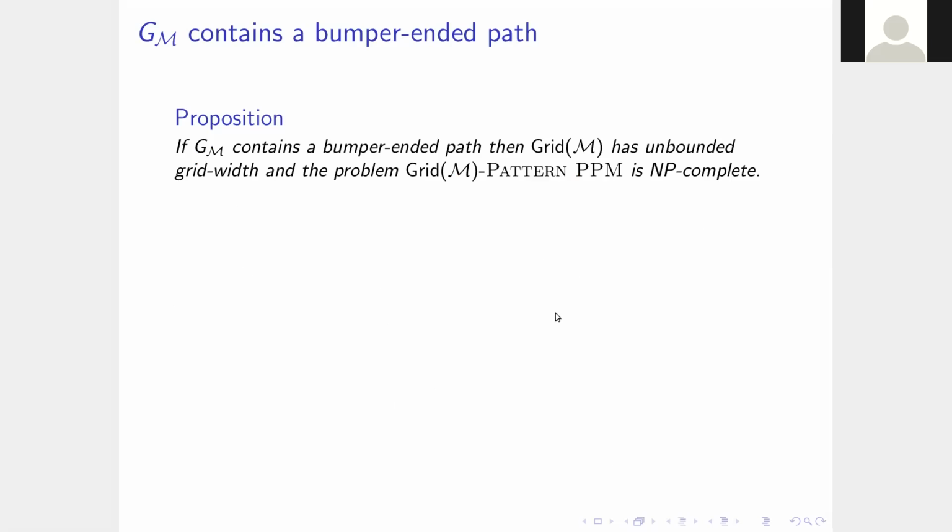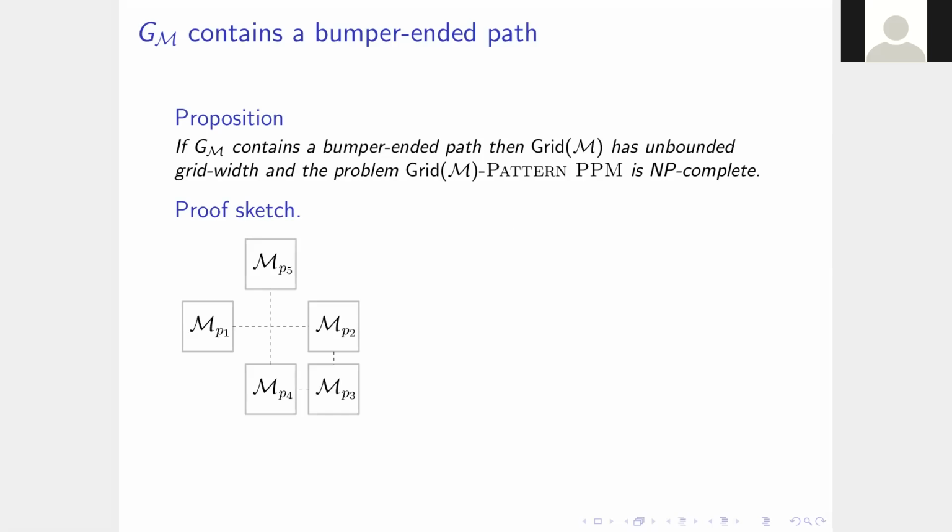And so why is it important? Well, it turns out that whenever the cell graph contains a bumper-ended path, then the grid class has unbounded grid width, and the problem grid M pattern PPM is NP-complete. And so let me sketch why this is true via a picture. So here we see a grid class with a cell graph which is a bumper-ended path.